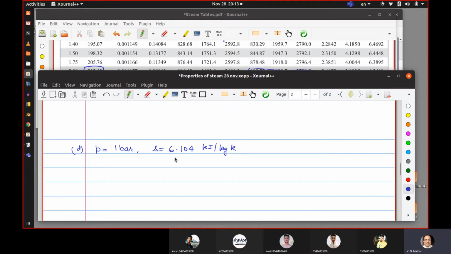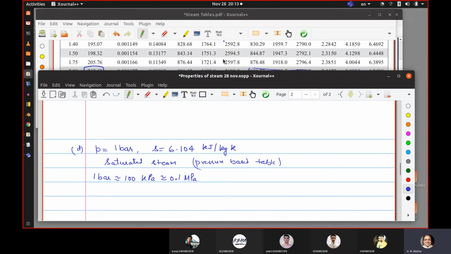So we'll move to the saturated steam table, and since pressure is given, we'll go to the pressure-based table and read values corresponding to 1 bar. 1 bar is equivalent to 100 kilopascal, which is equal to 0.1 megapascal.